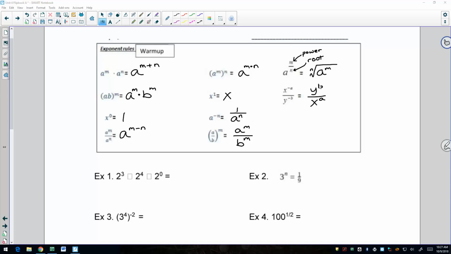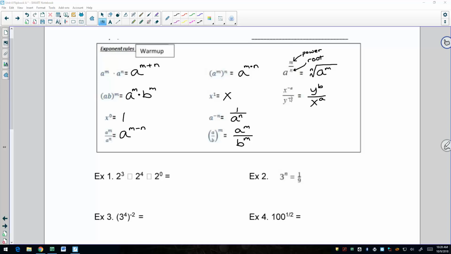And once you do that, it then becomes a positive exponent. So you'll notice for this example, x had a negative exponent, so I moved him from the numerator down to the denominator, and it became positive. Same thing for the y. He was in the denominator spot, so I moved him up to the numerator spot, and he became positive.